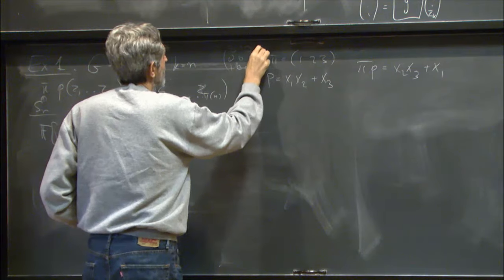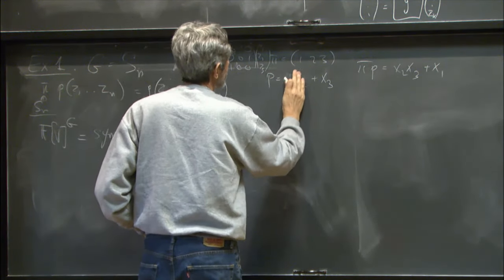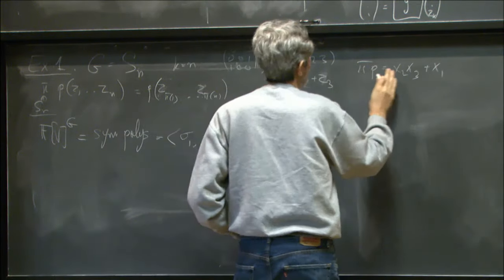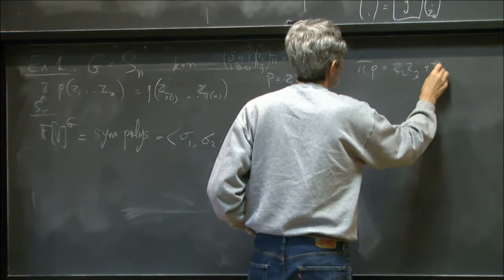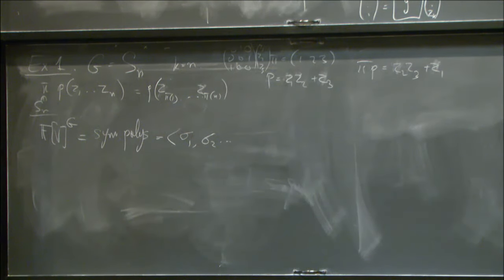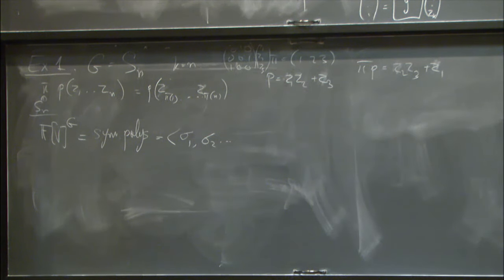And when I apply it to Z1, Z2, Z3, again I forgot that I'm using Z's, I would get that. So you don't need a new definition. I simplified it so it will look familiar. But this is the F^G.